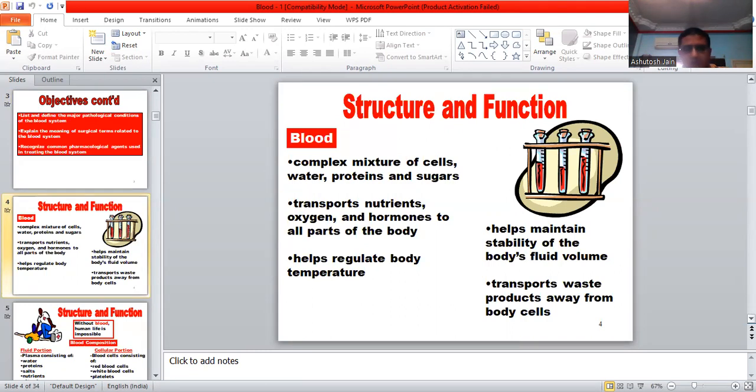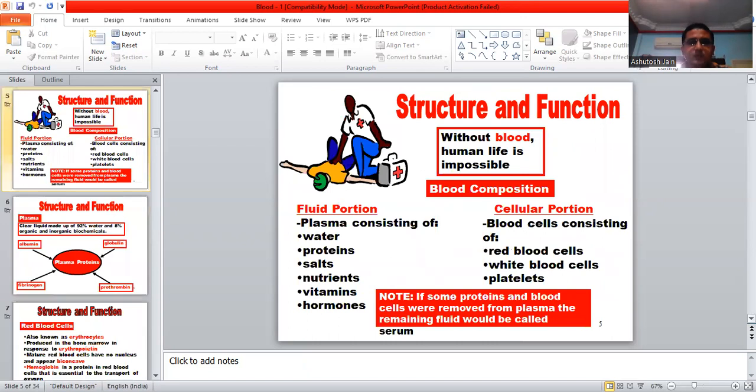It helps to regulate the body temperature, helps in maintenance of the stability of the body's fluid volume. In the fluid volume, we can see the ICF and the ECF. It transports the waste products away from the body cells. Without blood, human life is impossible.